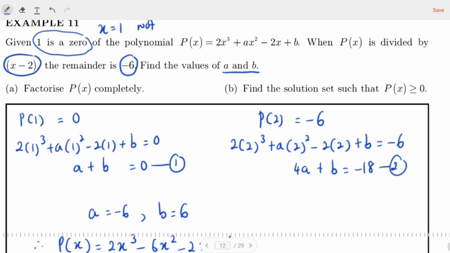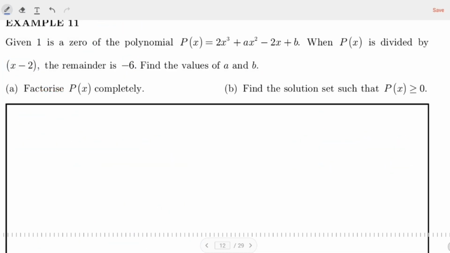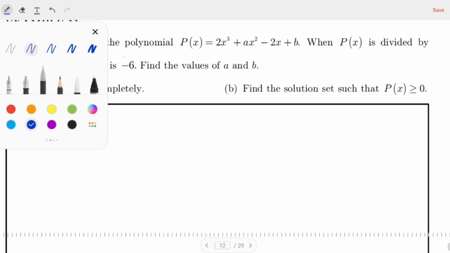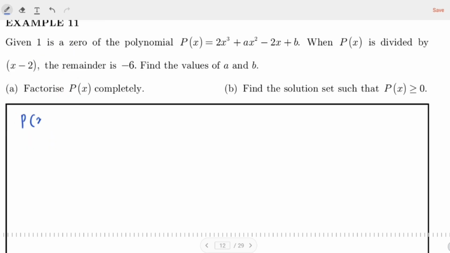And then for part A, factorize p(x) completely. I'm going to write down the polynomial again. 2x to the power of 3 minus 6x squared minus 2x plus 6. Right.